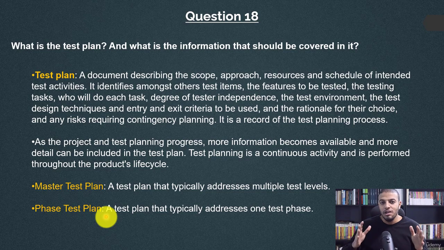So for example, we might have a specific test plan for performance testing, which is the performance testing test plan. Another test plan for functional testing, and another test plan, for example, for security testing. So based on the context and the size of your project, you choose whether to use one test plan, which is a master test plan, or a specific test plan for each test level and for each test type.